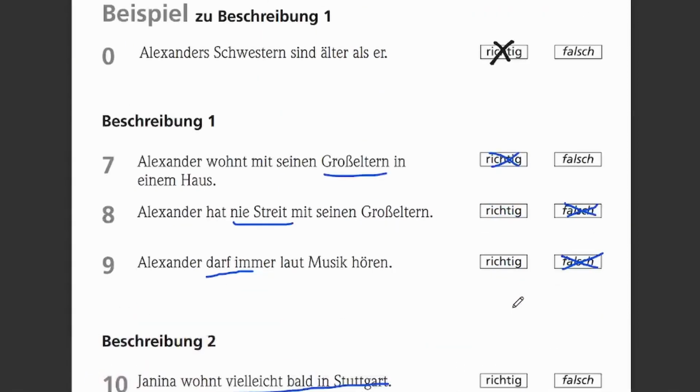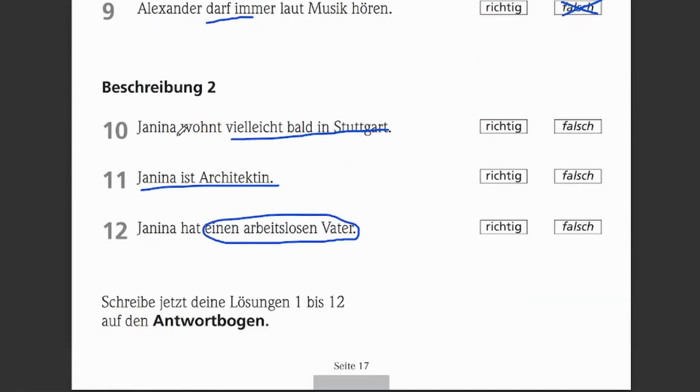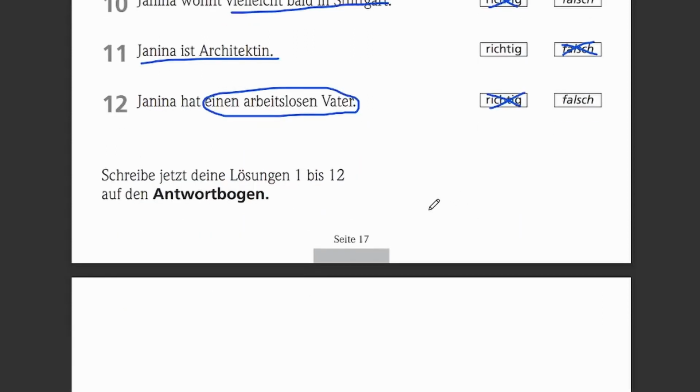So we have to answer the questions now. Janina wohnt vielleicht bald in Stuttgart. Yes, so very soon she will be moving. Janina is architecting. Sorry, she is not yet architecting. So it's wrong. Janina hat einen arbeitslosen Vater. That's correct. Richtig. Because since 4 months he is not in a job.